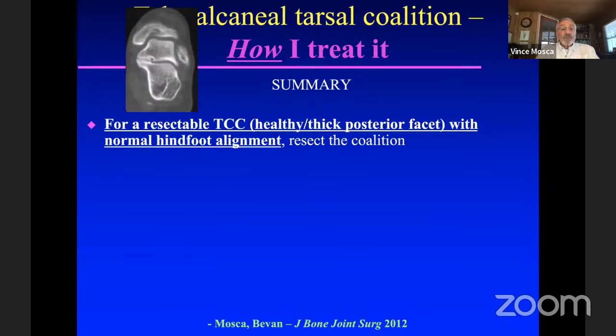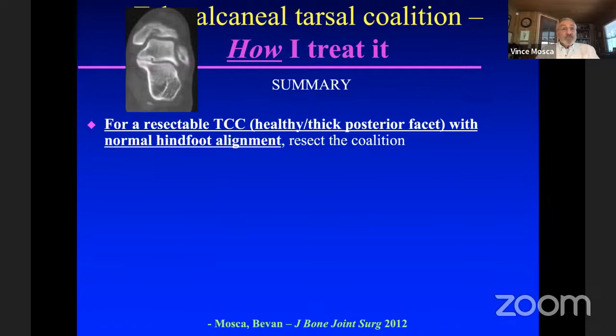So here are the three management treatment options for intractably painful subtalar tarsal coalitions, based on where the pain is, what the deformity is, how healthy the posterior facet is, and how much deformity there is. There are three scenarios that you will see.